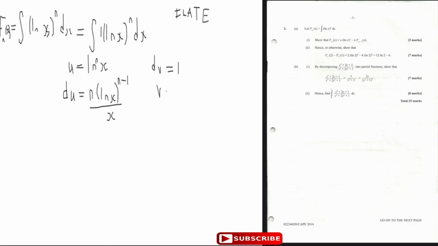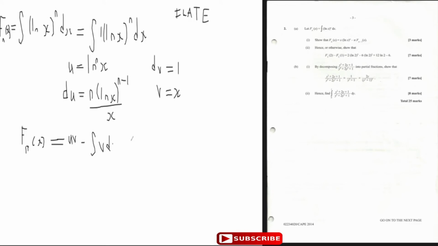So now we can continue and say that fn of x is actually going to be equal to, using by parts, uv minus the integral of v du.